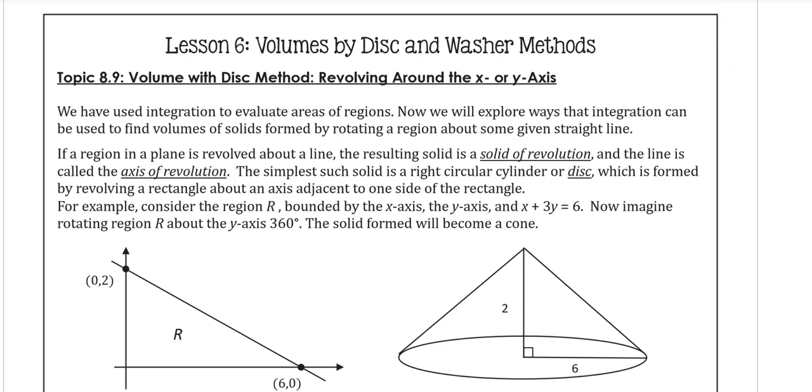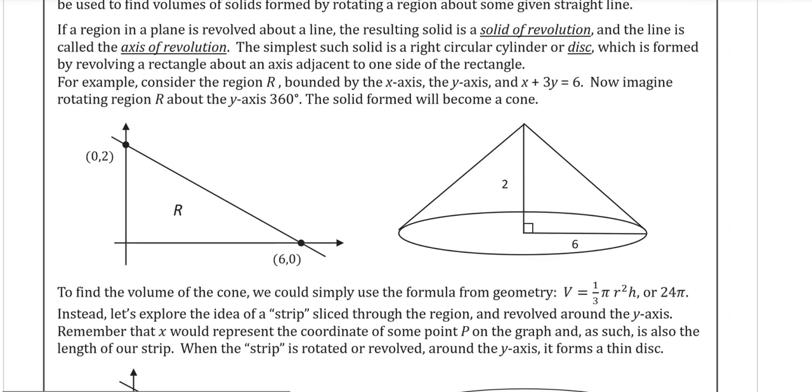And then we are going to look at what if there's a hole in the middle and it becomes a washer. So we're going to start by looking at this graph where we have a line, x plus 3y equals 6, and we are going to rotate it around the y-axis. When we do that, we get the shape on the right.